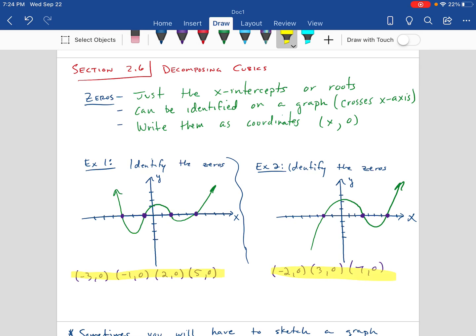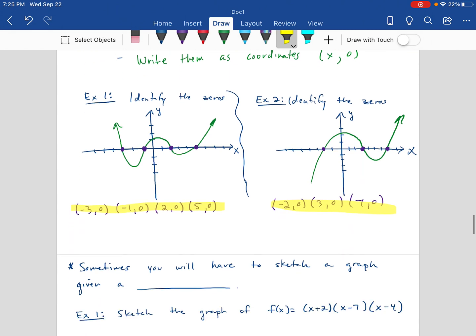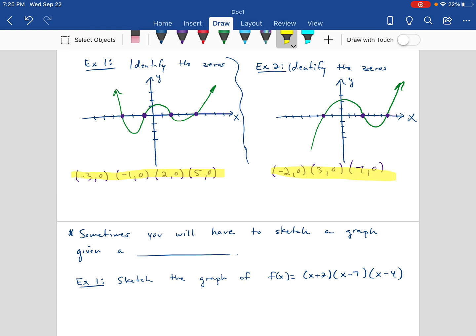And that is my answer. That's it. Okay, this is probably the easiest part out of this section, is to identify the zeros given a graph. Okay, but sometimes you will have to sketch a graph of any given function.